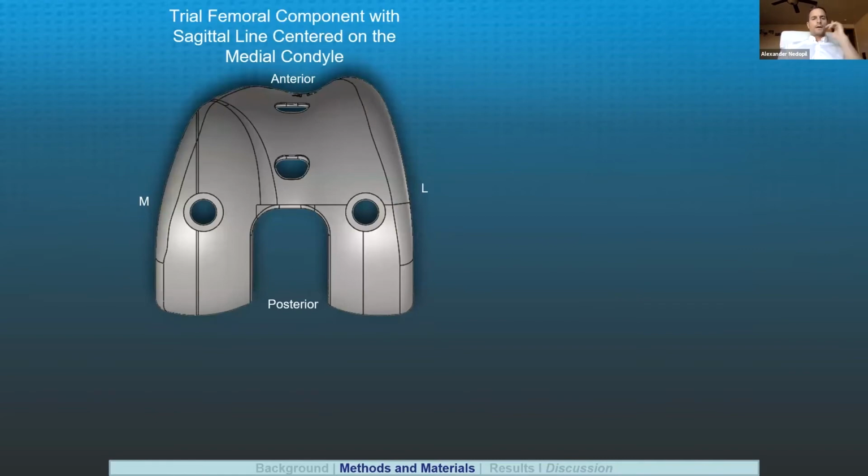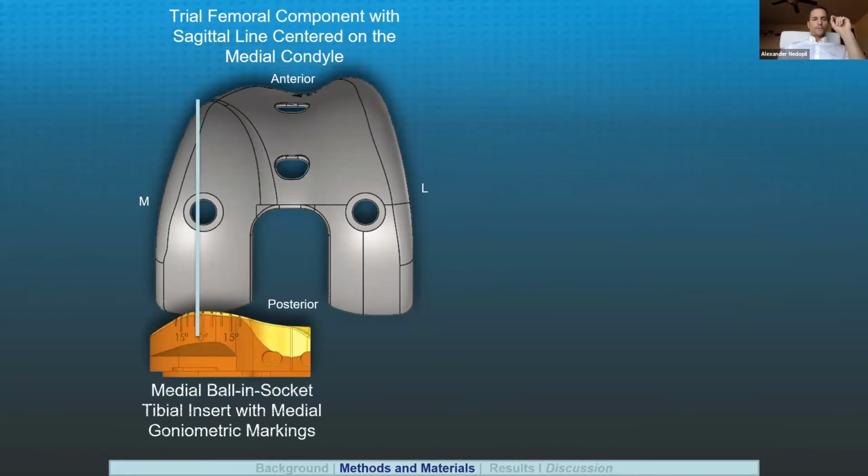In order to answer these questions, we had to modify our trial components. We use a medial ball and socket component design with a flat lateral insert, and we added a sagittal line on the medial femoral condyle and goniometer markings on the trial tibial insert.